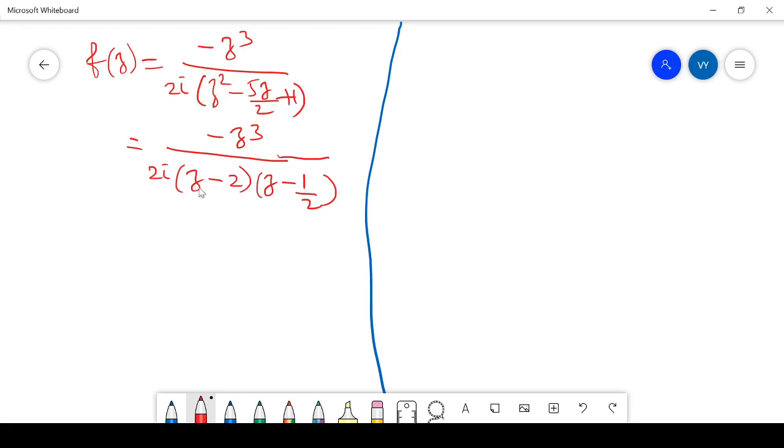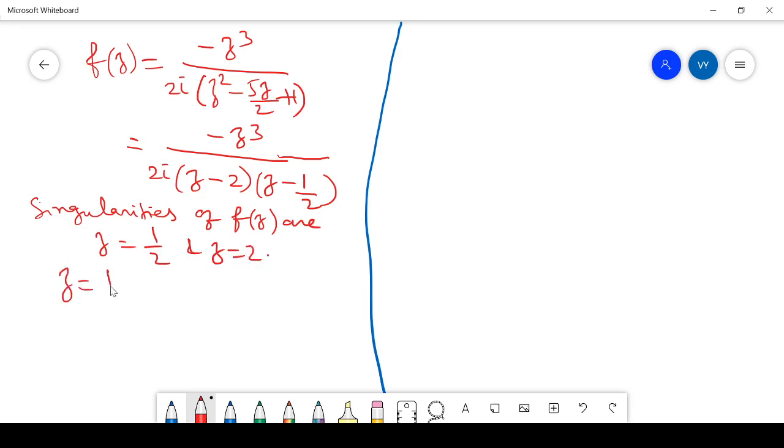When I multiply these two, I'll have z squared minus 2z minus z by 2 minus 5z by 2 plus 1. Now what will be the singularities of f of z? They are z is equal to 1 by 2 and z is equal to 2. z is equal to 1 by 2 lies inside C.